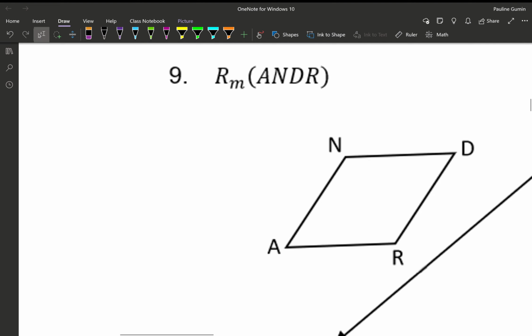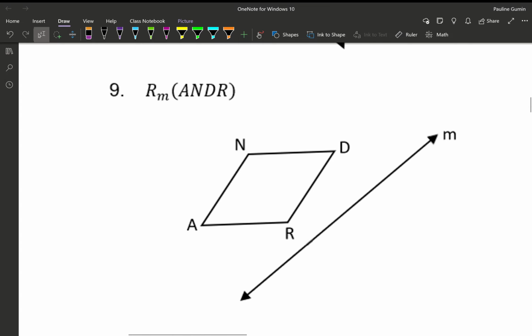Let's do number 9 as well. We're going to reflect ANDR over M. Once again, in this case, I'm rotating my paper to make it easier for myself. All right, I'm going to connect D to M. And then on the other side, call it D prime.